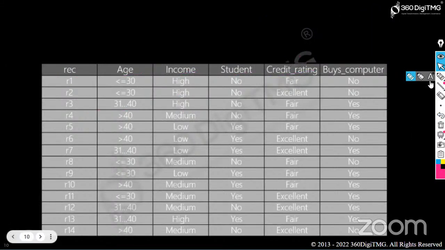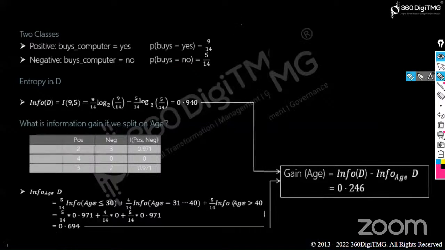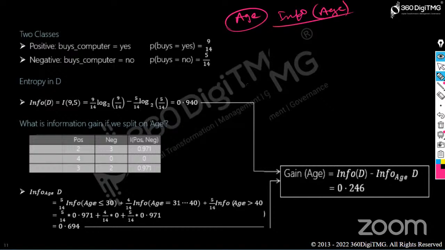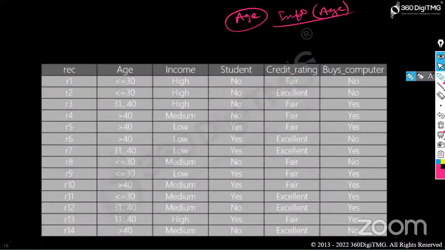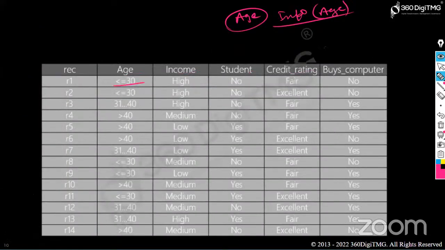So when I consider the age column, I need to calculate the information gain of age. What does the column consist of? Under age, you have 3 parameters: less than or equal to 30, 31 to 40, and greater than 40.